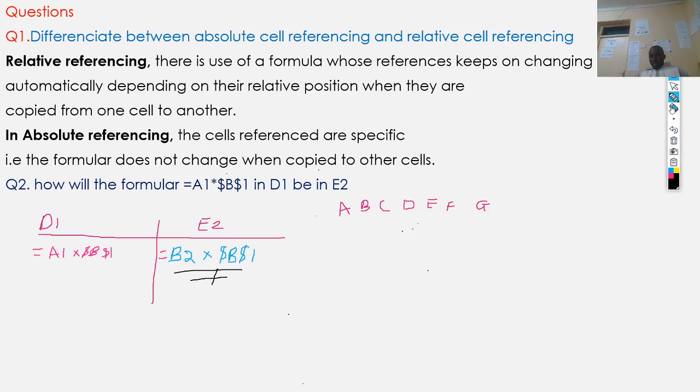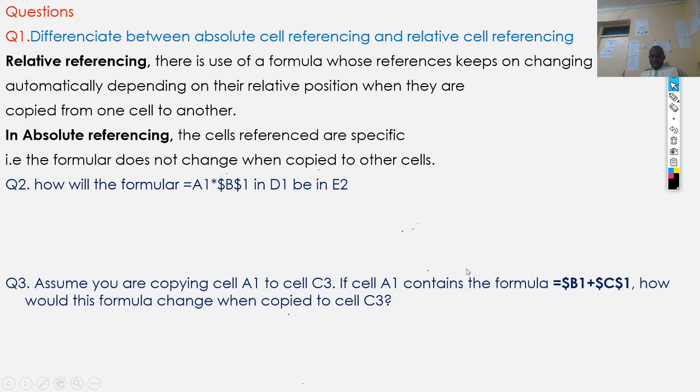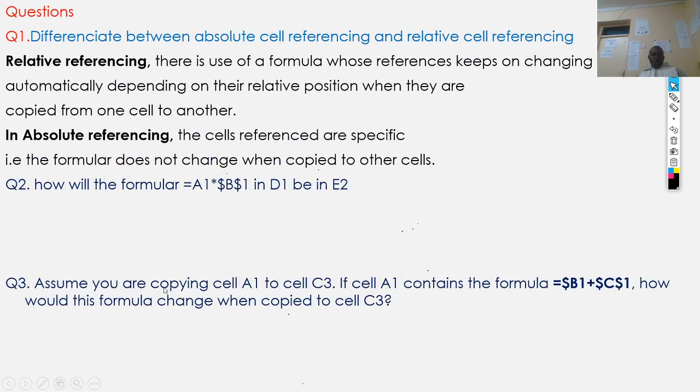So I want to do another question on the same. Now, this is the question: assume you are copying cell A1 to cell C3.